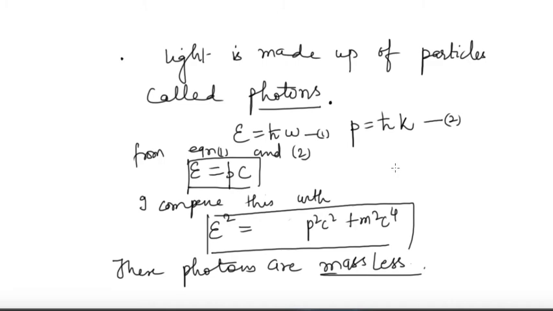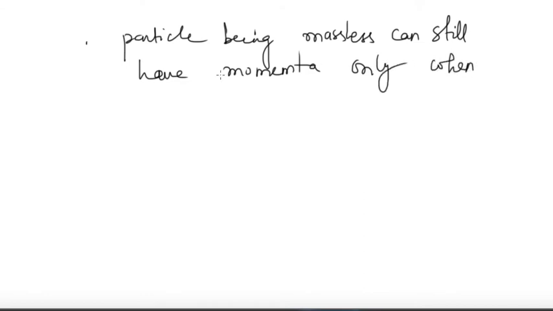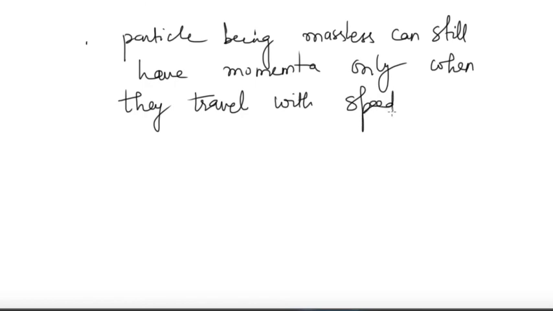Massless particles can still have momenta only when they travel with the speed of light.